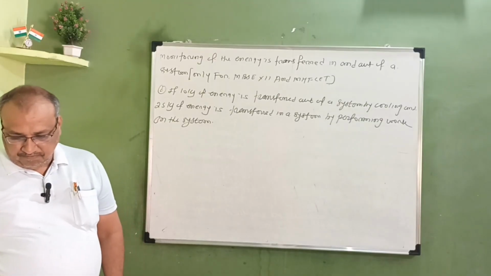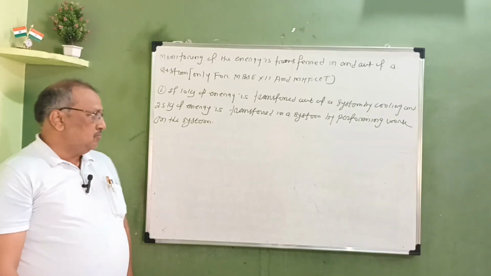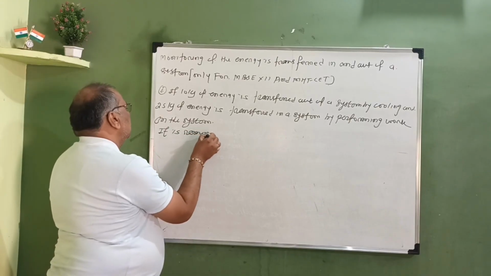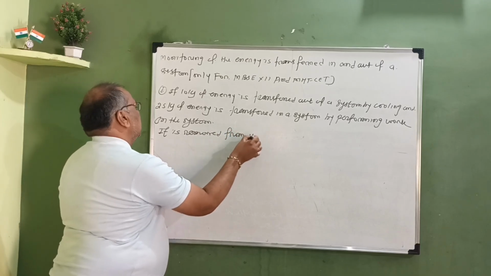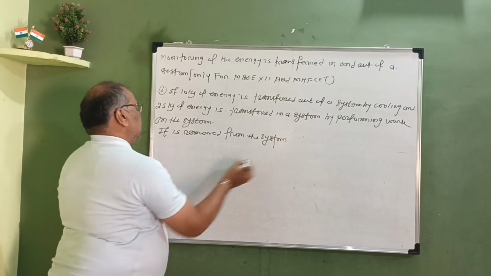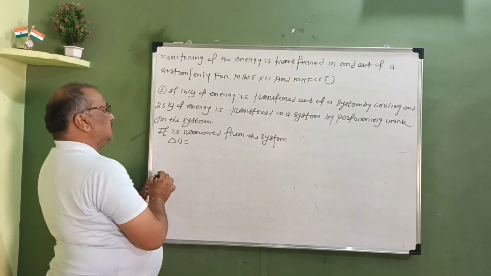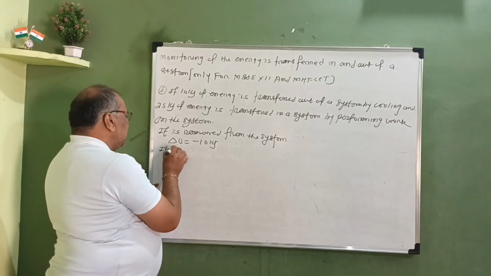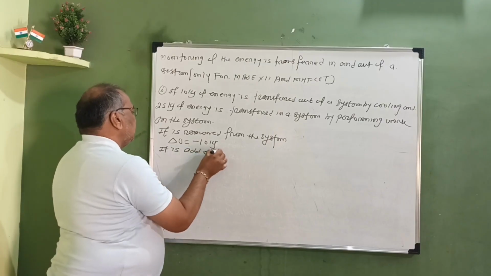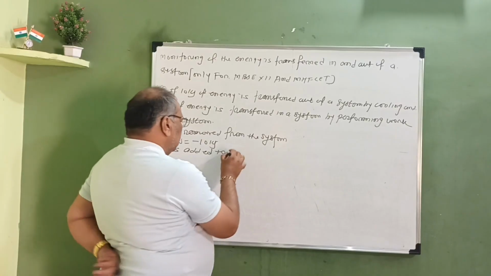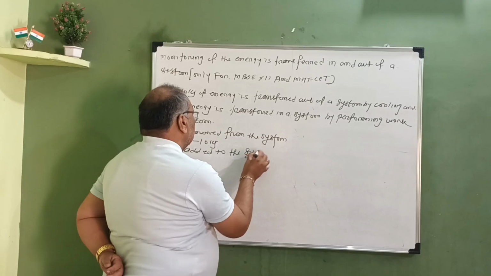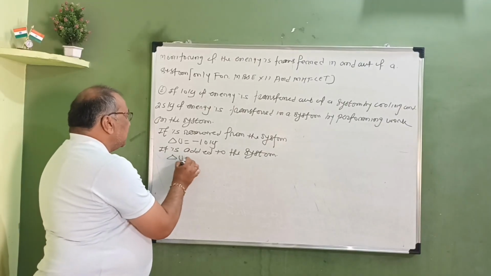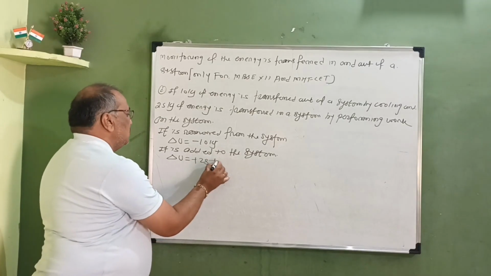That means here it is removed from the system, that is here delta U equal to minus 10 kilojoule, and here write down it is added to the system, that means here delta U equal to plus 25 kilojoule.